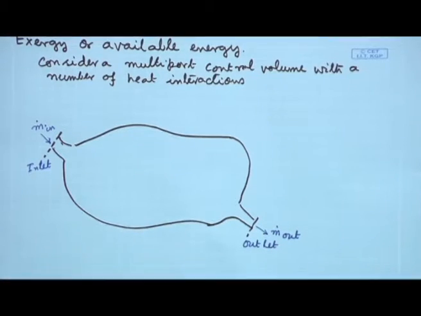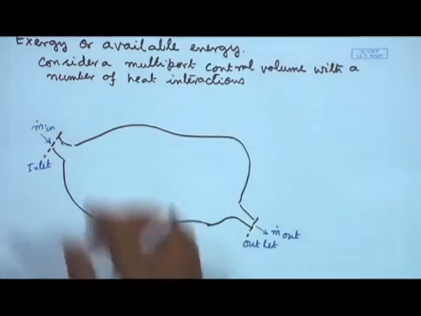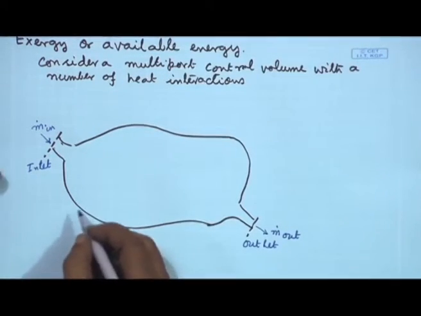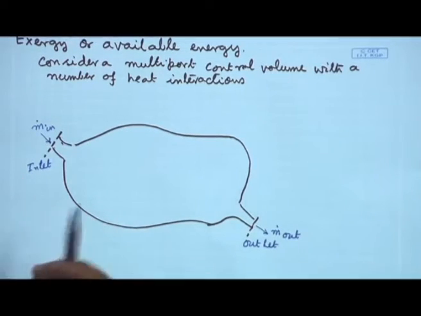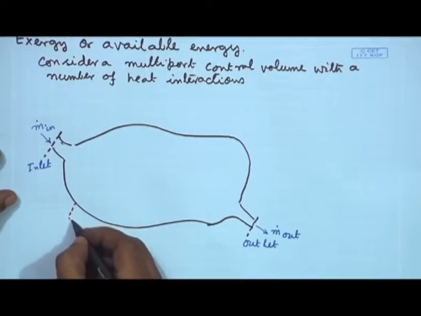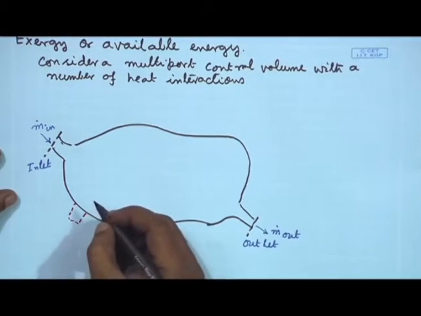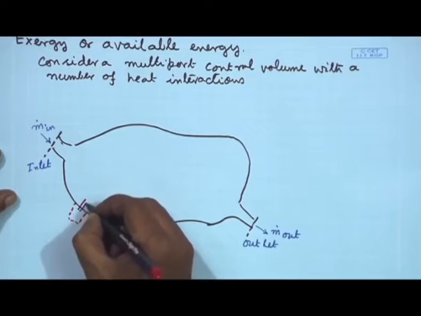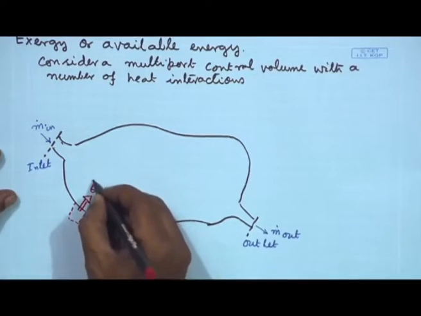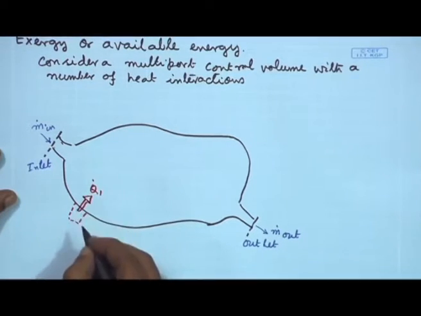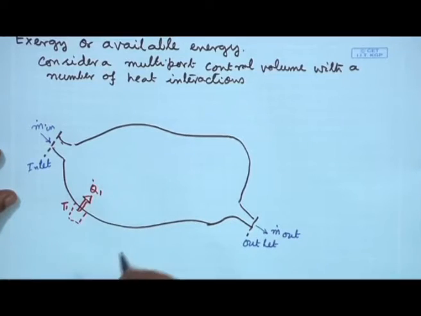Though I have told that it is multi-port, notionally I am showing only one port for entry and one port for exit, but it has more than that. Let us say we have different points where thermal interaction takes place. So, this is q dot 1, the amount of heat entering the control volume at a temperature T1.